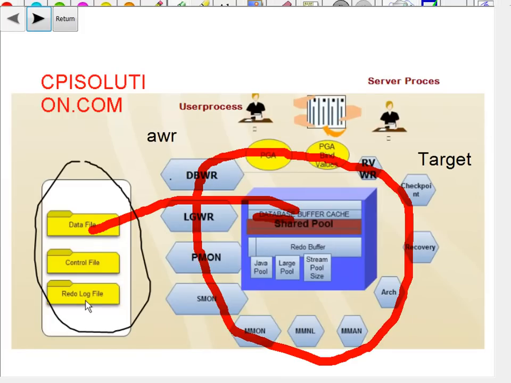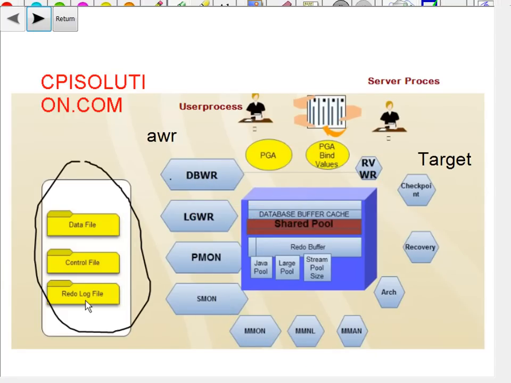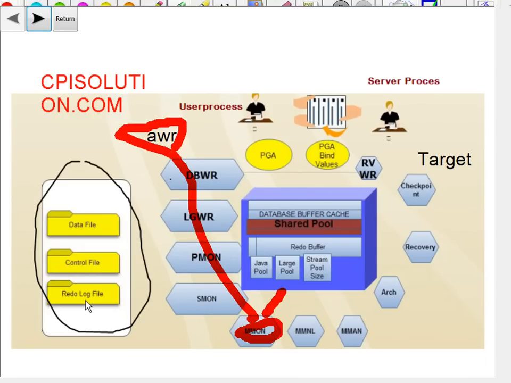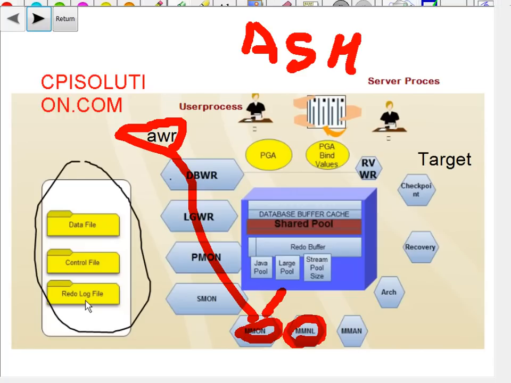So let's understand about MMON process. MMON process is responsible to collect the statistics about the database and store it into the automatic workload repository, while MMNL is responsible for collecting session related information and storing it in active session history table, while MMAN is responsible for managing the memory.